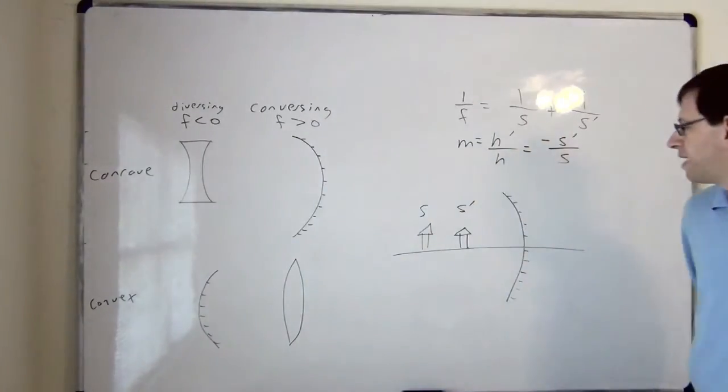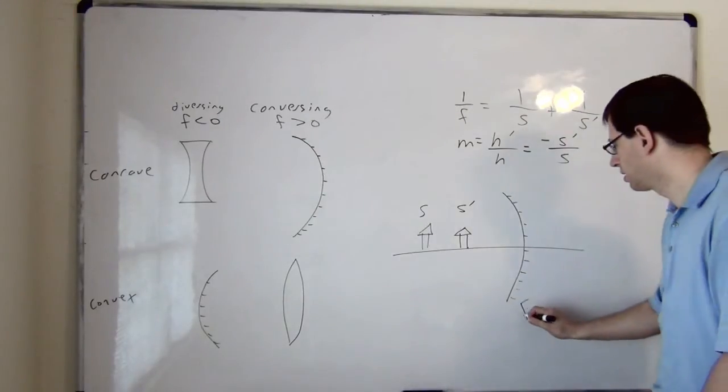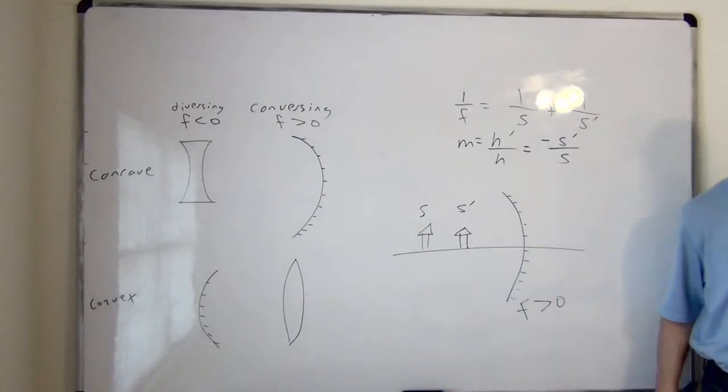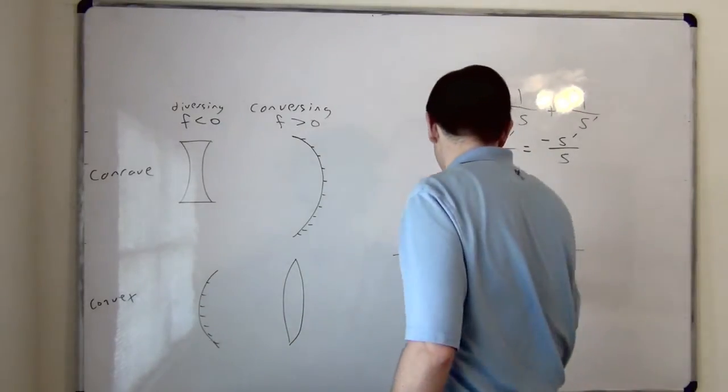Okay, so what do we know mathematically here? F is positive, because it's a converging device. Anything else? The S prime is positive.